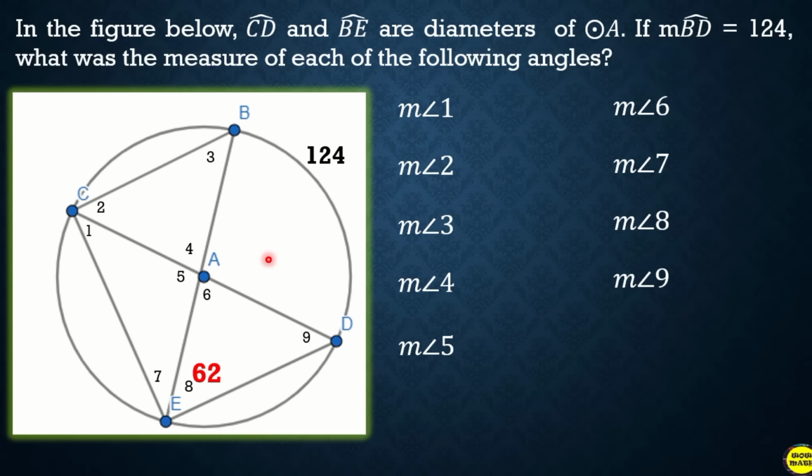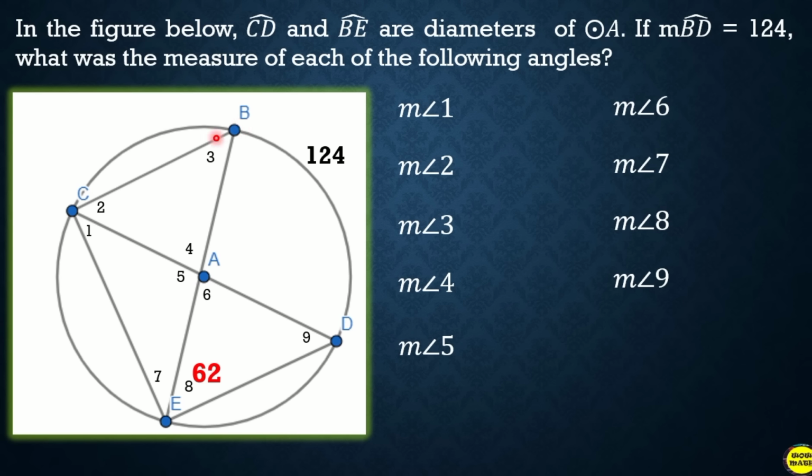And then, another class, yung intercepted arc natin na BD, yung inscribed angle natin na BCD, ito rin yung intercepted arc niya. Okay? So, again, yung angle BCD natin, ito rin yung intercepted arc niya.